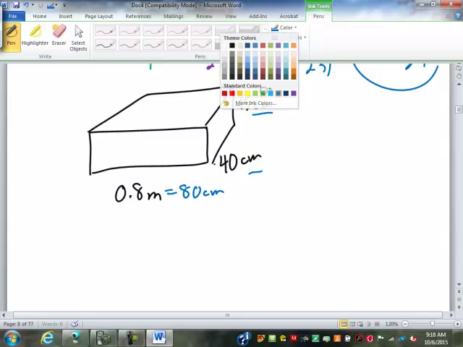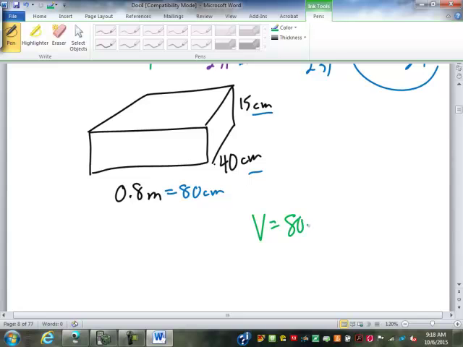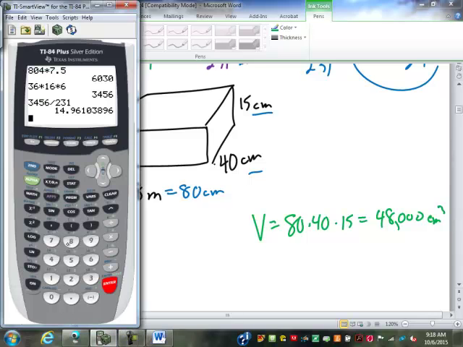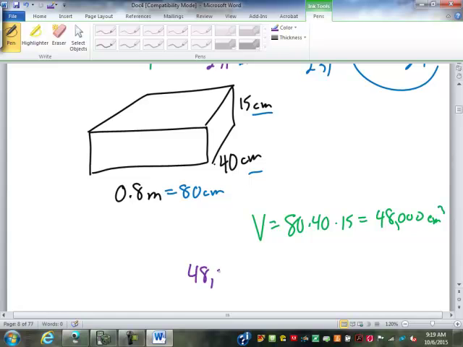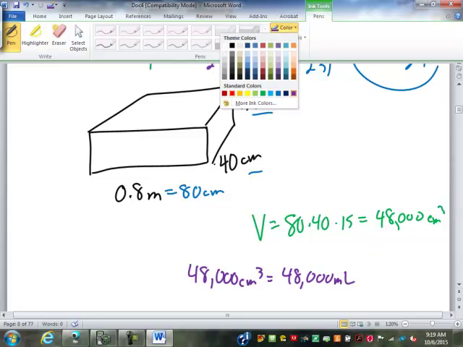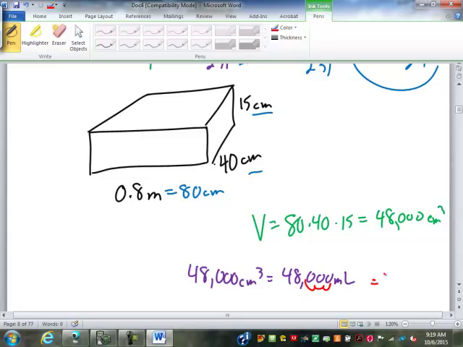So my volume, 80 times 40 times 15 is going to be, what, 48,000 centimeters cubed. Let me double check that. Yep, 48,000. So now once we're there, that's 48,000 centimeters cubed is 48,000 milliliters. Moving my decimal 3 spots makes that 48 liters. So it's a 48 liter tank.